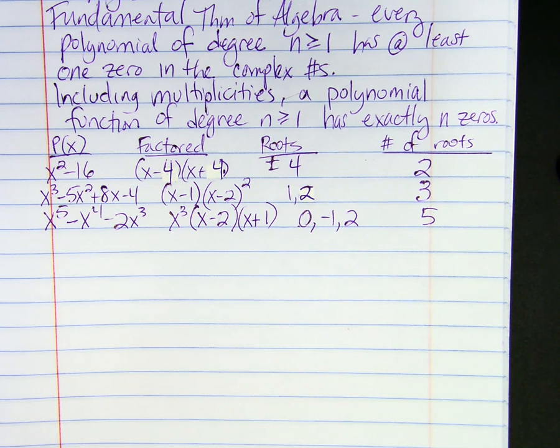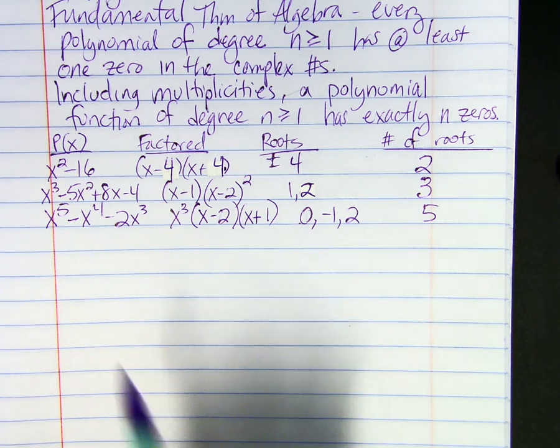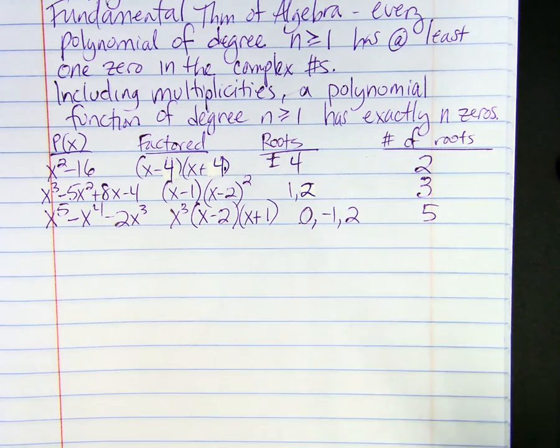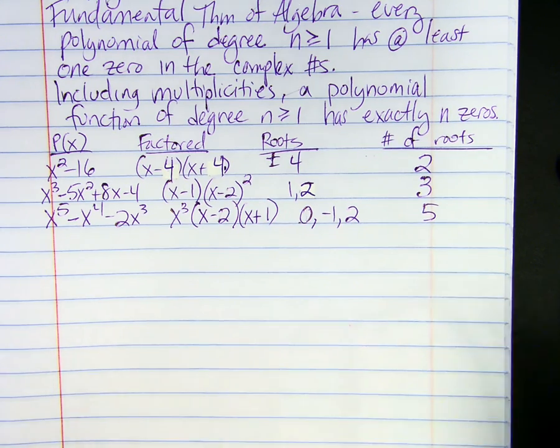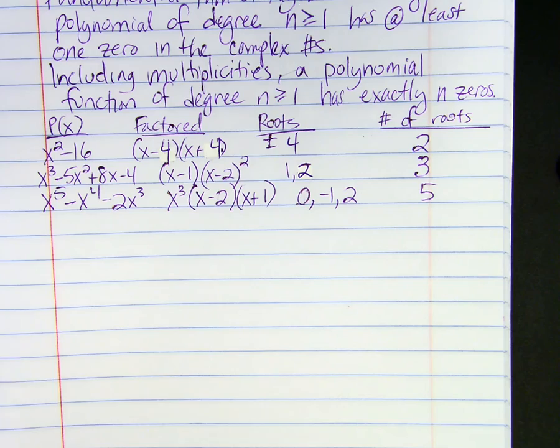You can use a graphing calculator to find the real roots, which then helps you factor the polynomial that you're given. Sometimes just looking at it, it's hard to know how to factor it, but if you know what the roots are, that will help you to factor it. And then you can find the complex roots once you figure out how you factor it.